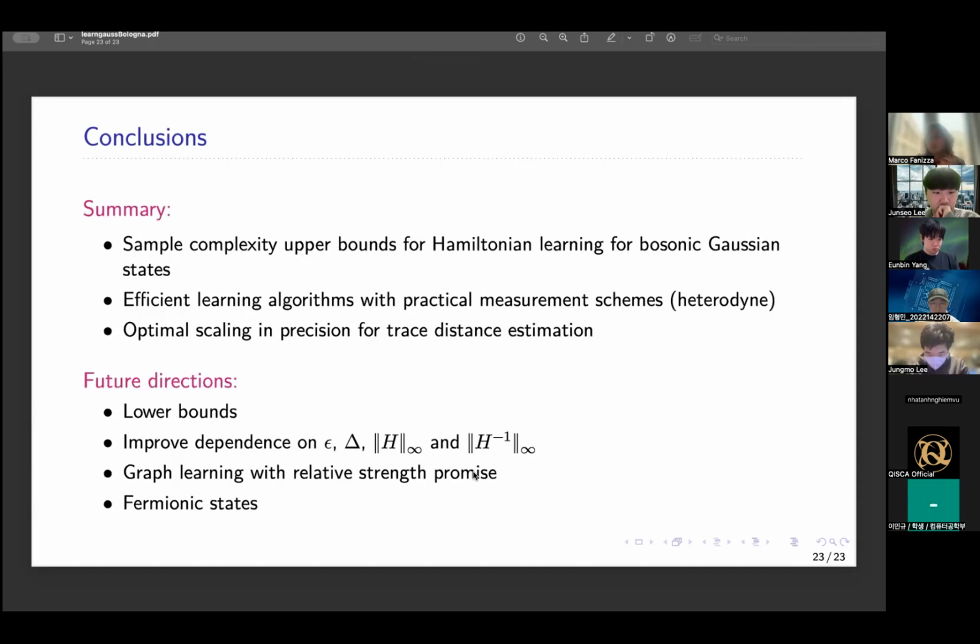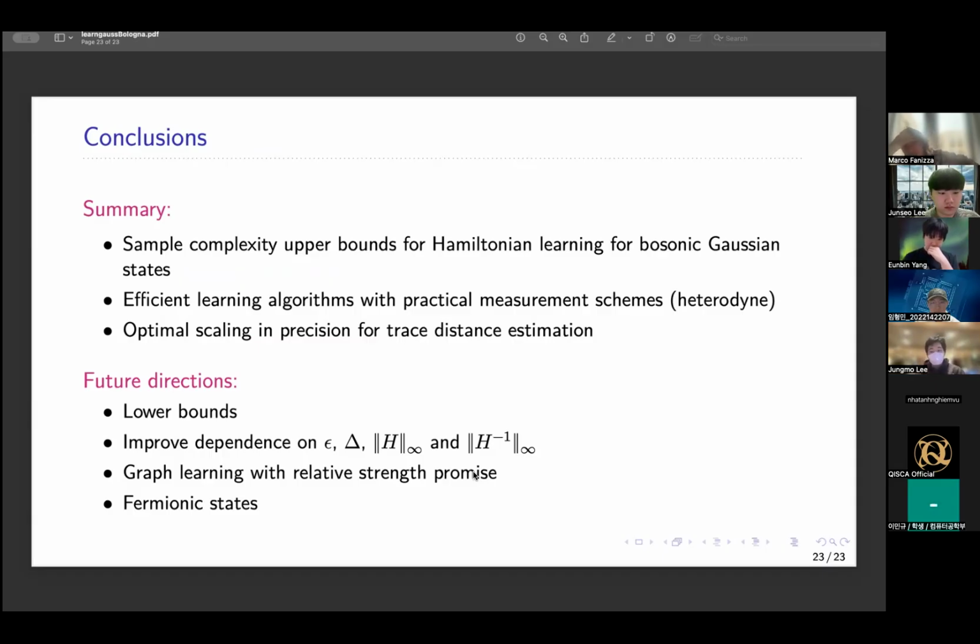Okay, so I can conclude now. In this work, we have found sample complexity upper bounds for Hamiltonian learning for bosonic Gaussian states. We have efficient learning algorithms with practical measurement schemes, heterodyne. In particular, we also showed optimal scaling in precision for trace distance estimation.